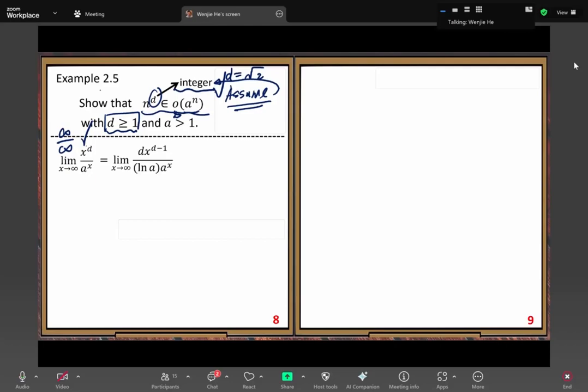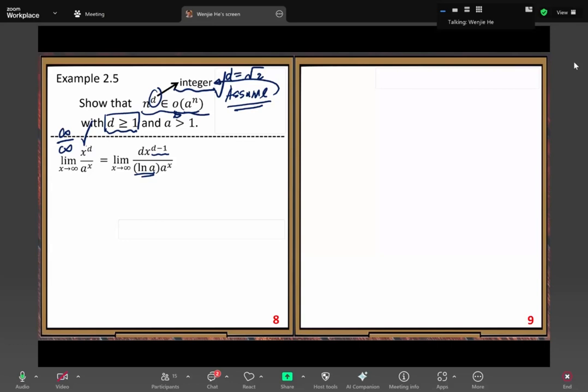Then the derivative of the exponential function: natural log of a times the original exponential function, a to the x. So after the first step, what should we do next? Here there is a question about this exponent number, d minus 1.